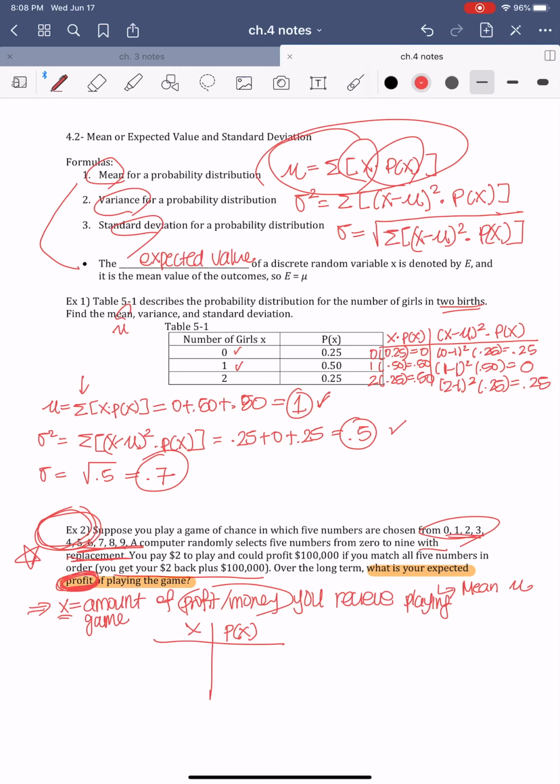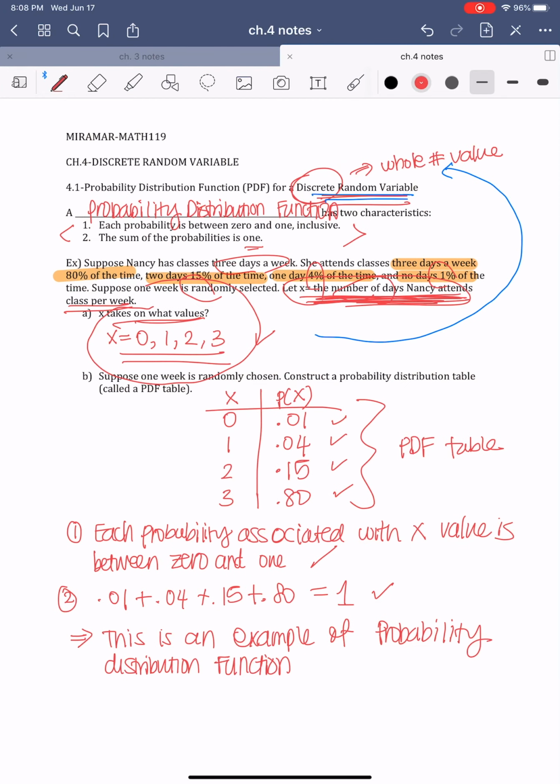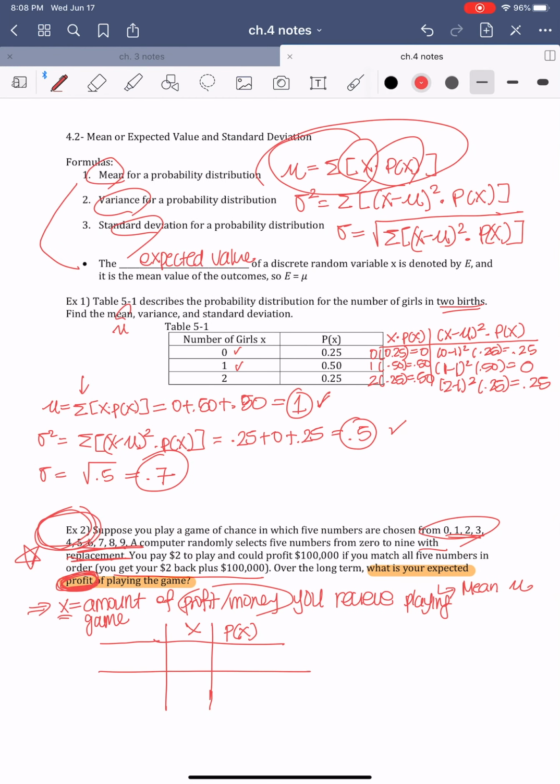Okay, I'm going to add another column to help you visualize. So what are my possible x values? Remember, x is your money, so it has a number. But what are the cases? How many x values do I have? In this case, there are only 2 events. So when are the times that you could get profit when you're playing the game?